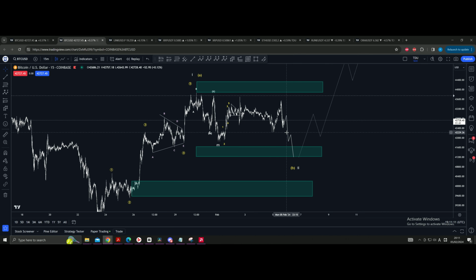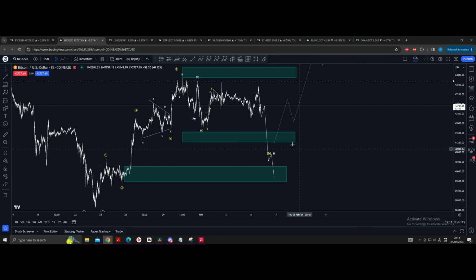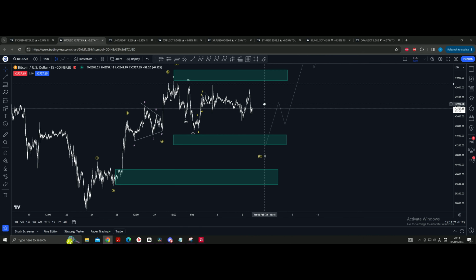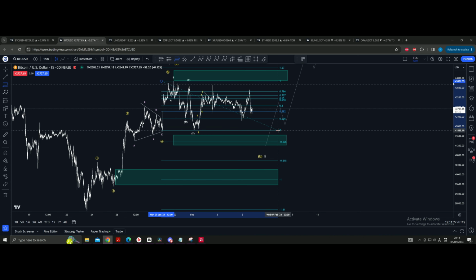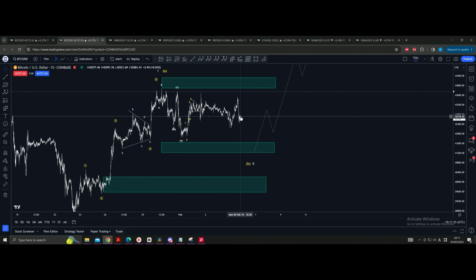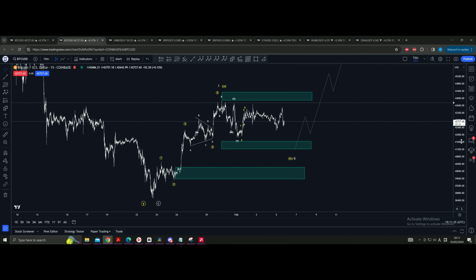Even if that 5 ends there, also interested. But the way it moves, still more a flat to me than a zigzag, but time will tell.